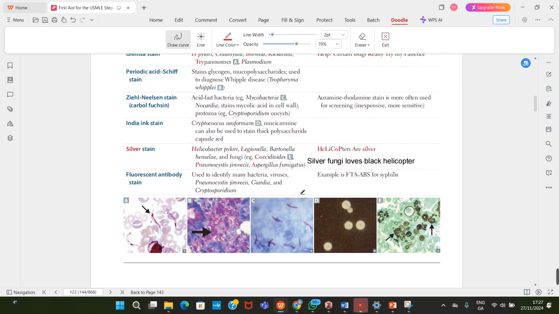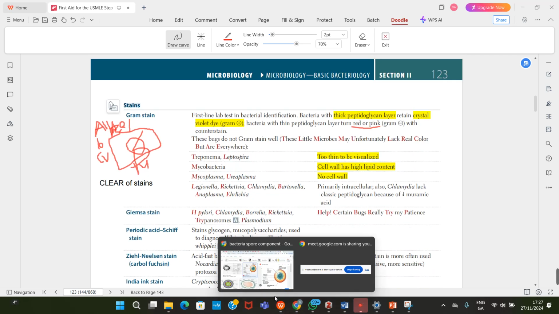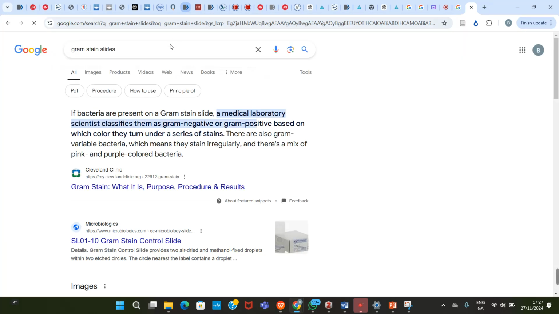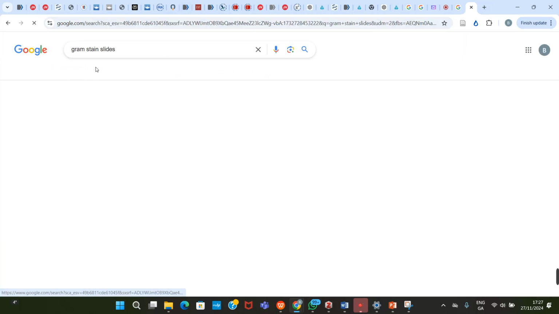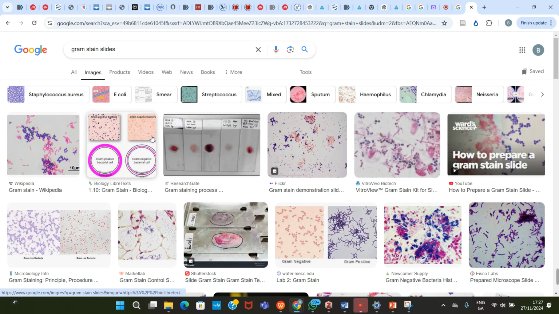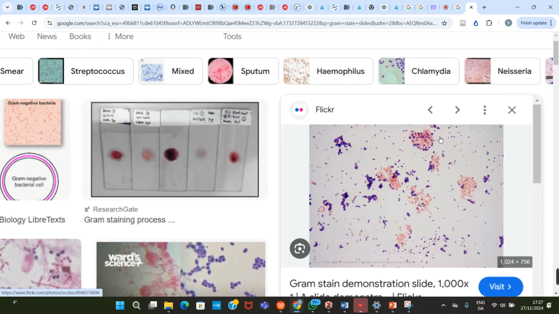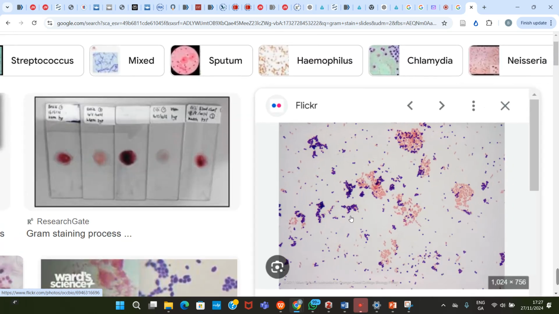So let me show us a picture of a Gram stain slide and we can identify what we have. This area that my cursor is on, what is this Gram-stained organism likely to be?